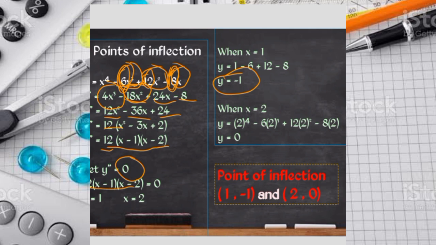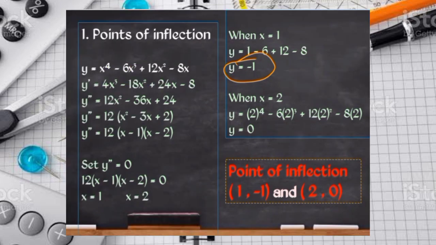So when x is equal to 2, y equals 2 to the power of 4 minus 6 times 2 cubed plus 12 times 2 squared minus 8 times 2, so y is equal to 0.